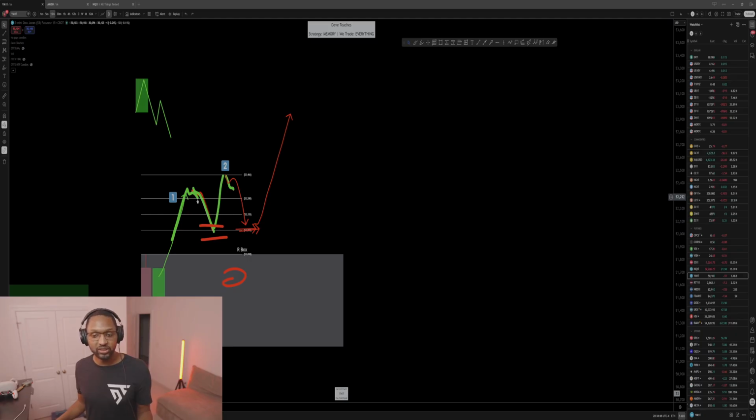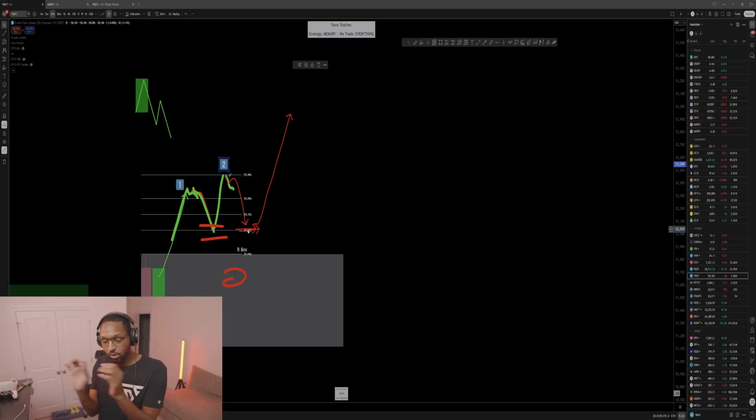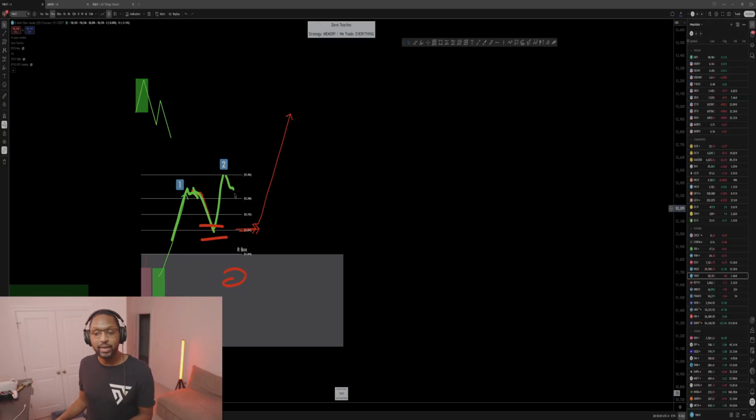We tap into the 70% on the first pullback, and on the second pullback, we tap into that 70% too. This is most times. Are there times where the second pullback does not trade into the 70%?